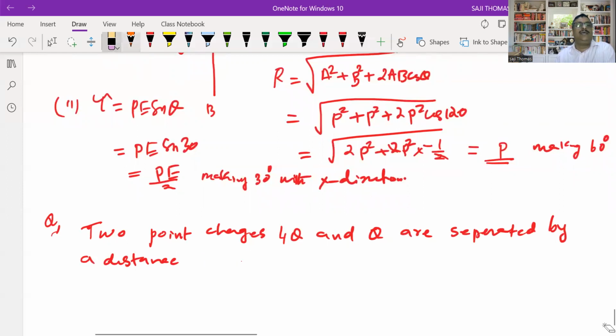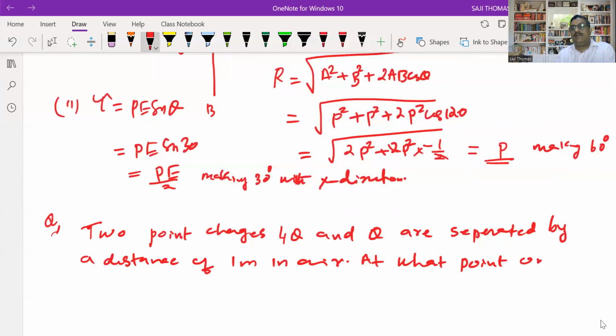At what point on the line joining the charges is the electric field intensity 0?